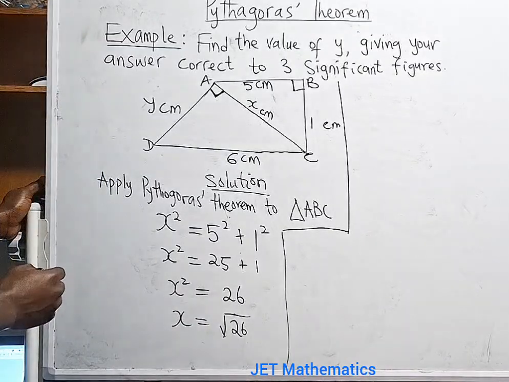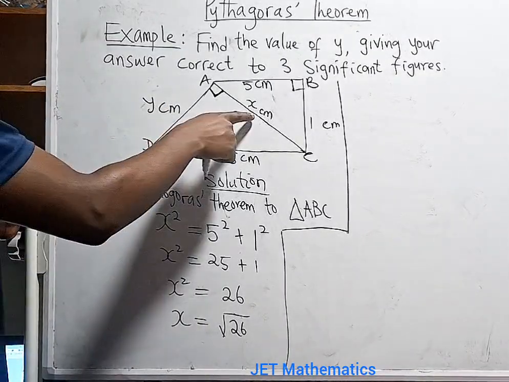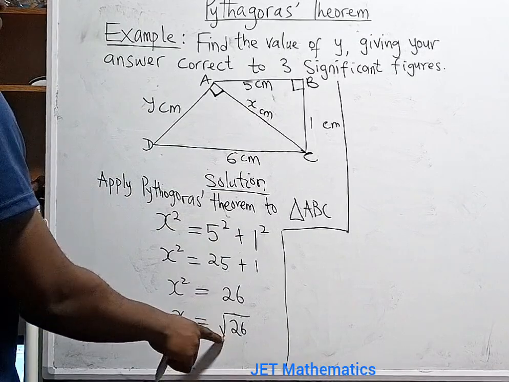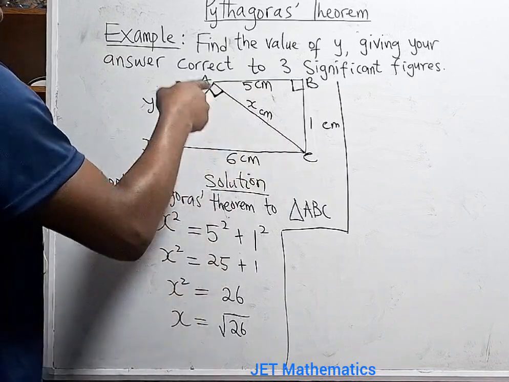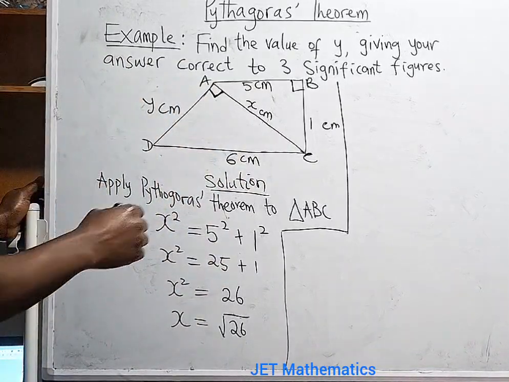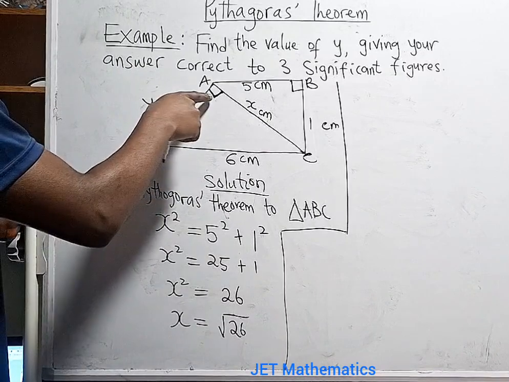Okay, next we solve for y. So now we know x as root 26. So we are going to apply the Pythagoras theorem on this triangle.